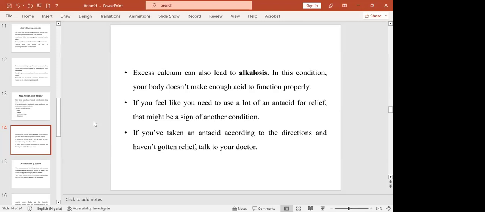So some of them will now shift into the blood and begin to induce an alkaline state in what should be an acidic state. If you ever check anybody's kidney function, you will find pH there. pH is also one of those things that is expected. If someone has alkalosis, you will find that the pH is higher than expected. So that's a possible side effect that can happen in someone who has excess calcium. In this condition, the patient's body does not make enough acid to function properly.